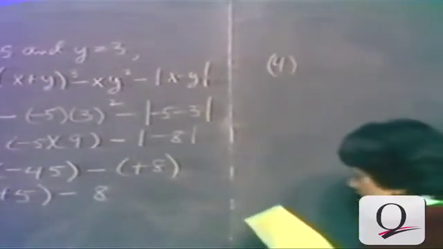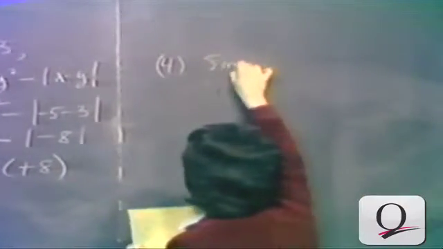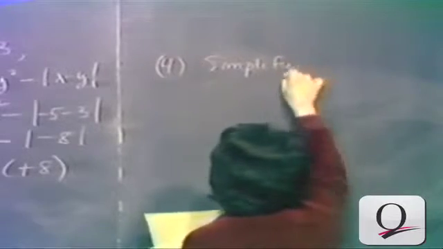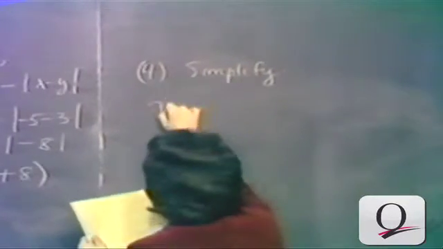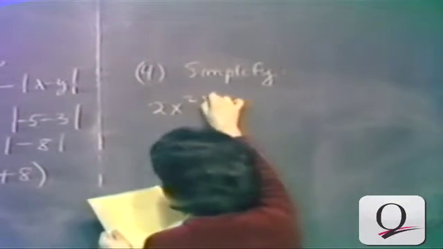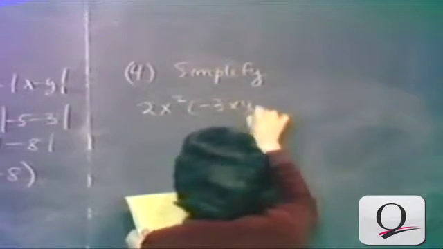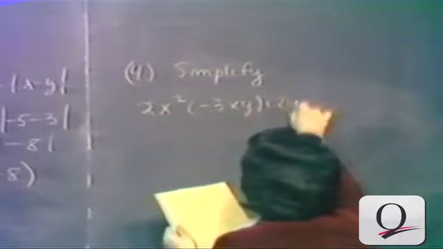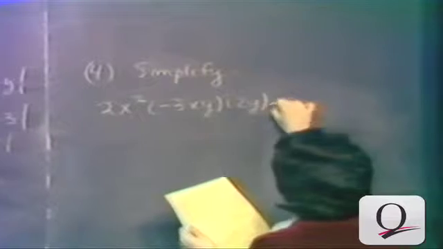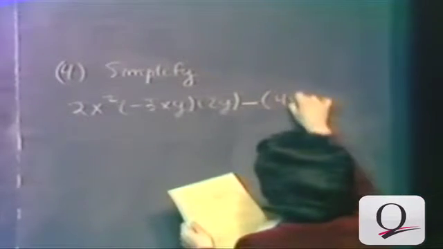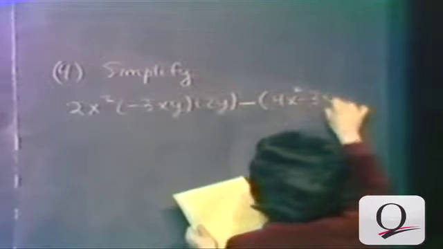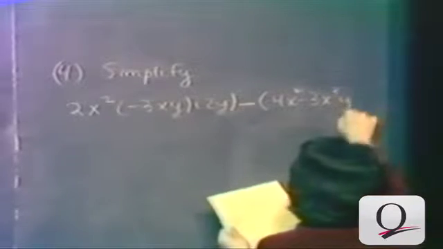Okay, in our fourth example, we'd like to simplify the following expression. 2x squared times minus 3xy times 2y minus (4x squared minus 3x cubed y squared).